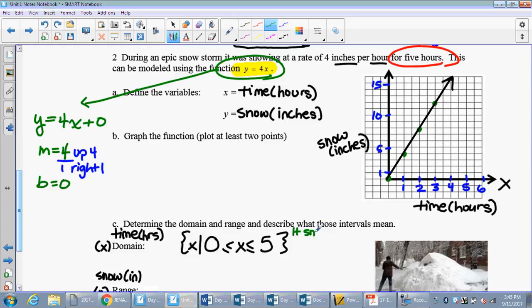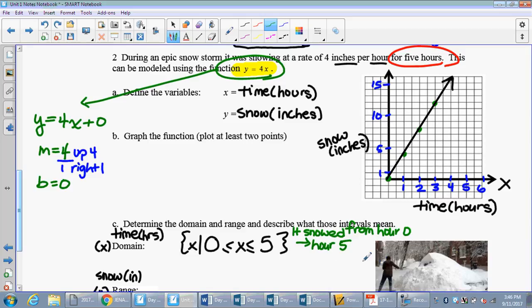It's snowed between, or from, it's a shorter word to use, from hour 0 to hour 5. There are many ways you could say that sentence. It snowed for up to 5 hours. It snowed between the 0 hour and the 5th hour.